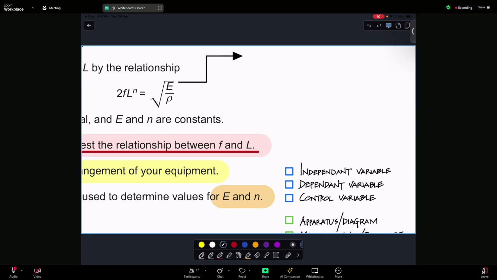So what can we do, see, determine the value of E and N. Can we, your x axis will be L to the power n.